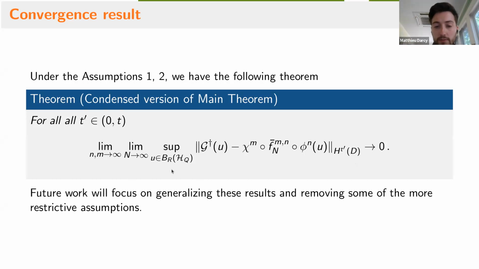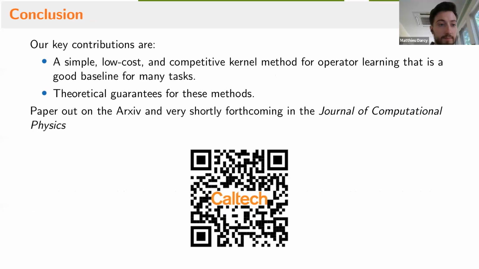In fact, you can obtain convergence rates that depend on the smoothness of the operator G dagger you're trying to recover, and on the smoothness of the functions that you're considering, the functions u. And again, some of the future work that we're trying to pursue is to get stronger theoretical results by lifting some of the more restrictive assumptions that we currently have.